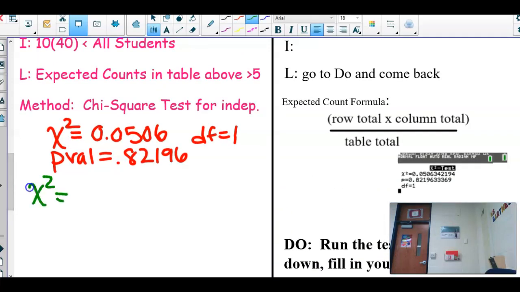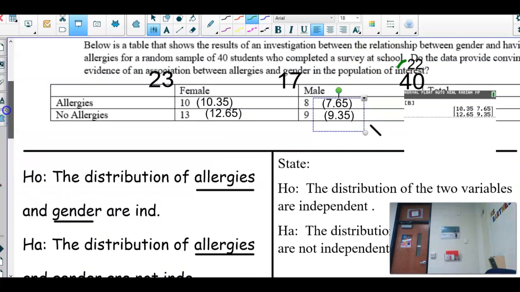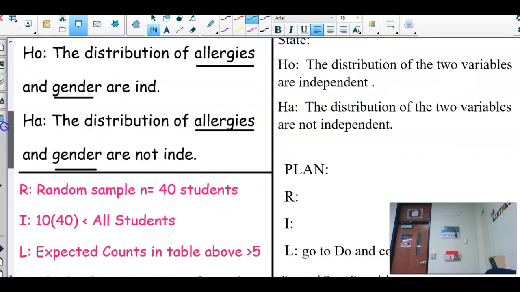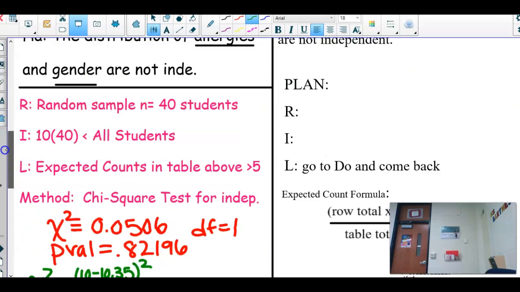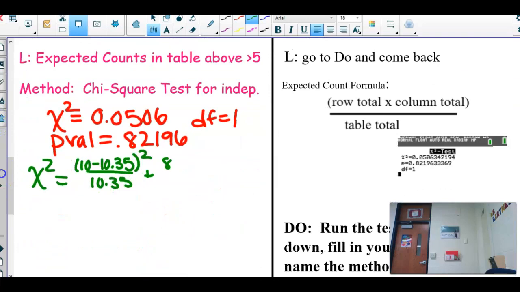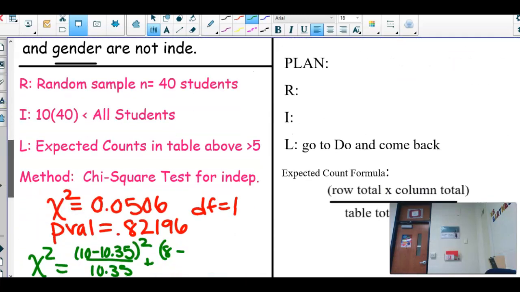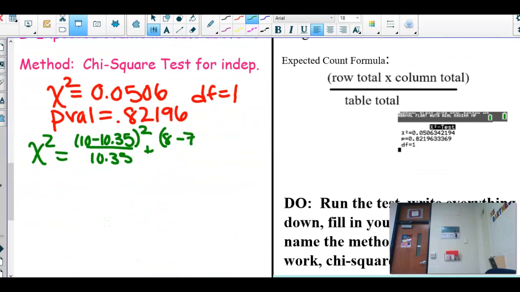Chi-square then. I'm not going to rewrite down the formula. It's the same formula for all chi-square. Observed. So what we observe is 10 minus 10.35 squared divided by 10.35 plus, next one, 8. I think it's 7.55, but I want to be sure. 7.65, I'm glad I was sure.